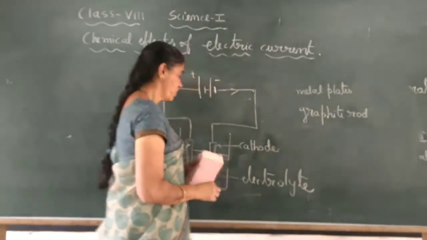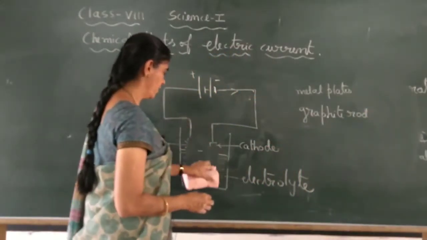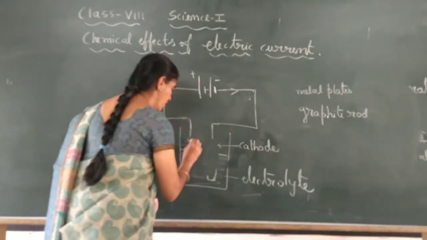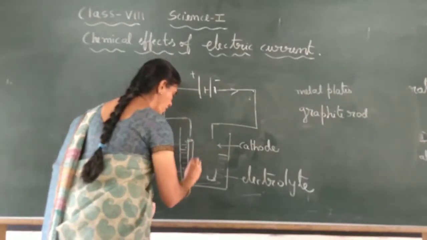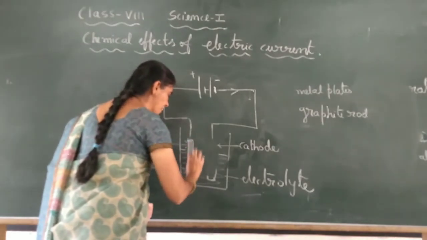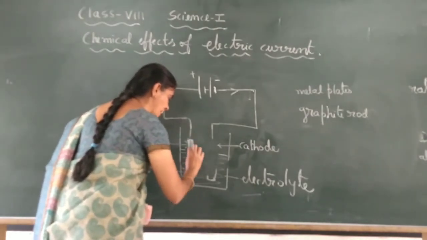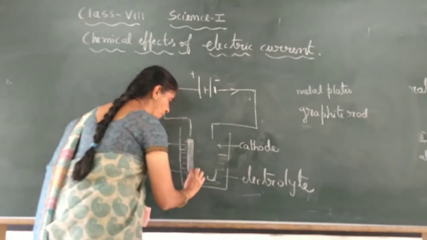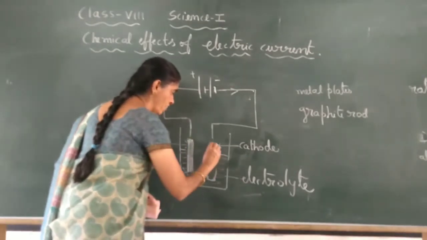Two graphite rods you have to take, which are black in color. Where will you get them? You will get them in used and thrown away dry cells. All dry cells have inside one black, thin rod-like structure.